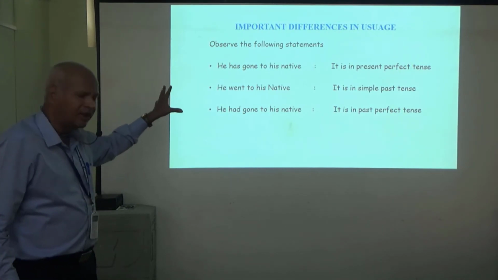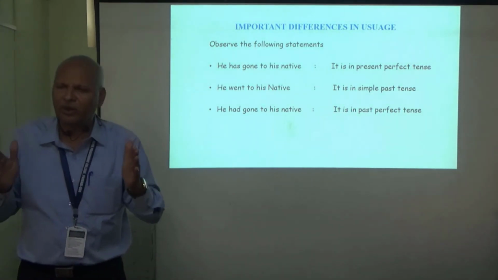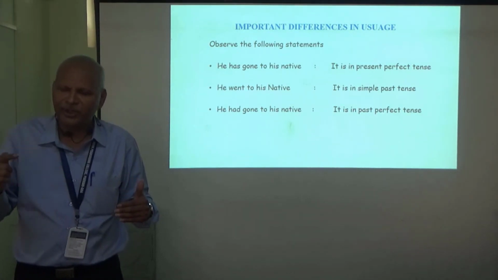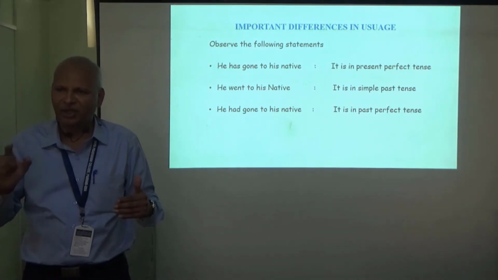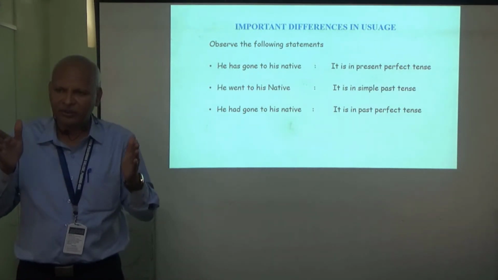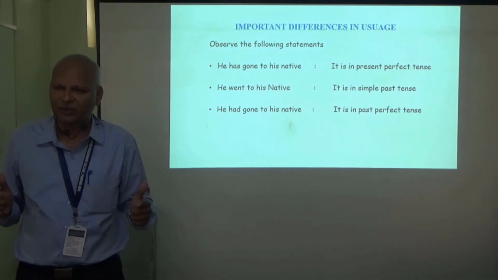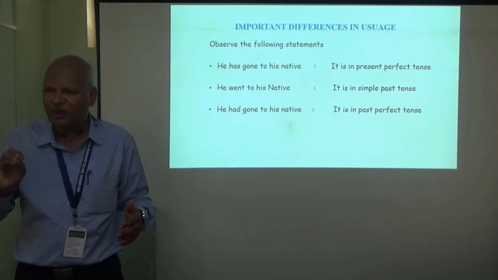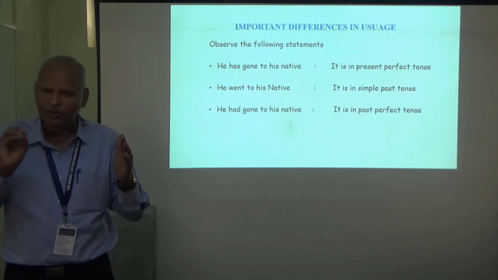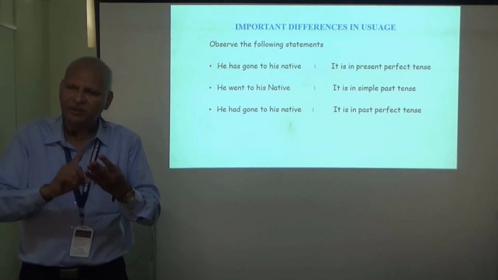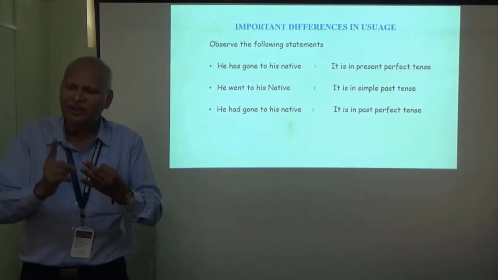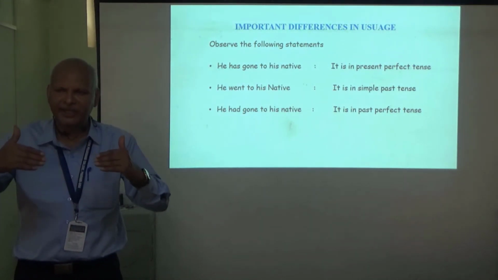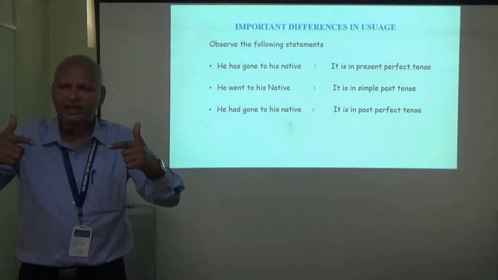So I am sure we have covered today the past tense and its formation and differentiation of some statements. Let us sum up what we discussed today. Past tense is formed into 4 different forms, as you know very well: simple past, past continuous, past perfect, and past perfect continuous tense. How each one is to be formed in a simple way, guidelines are provided.